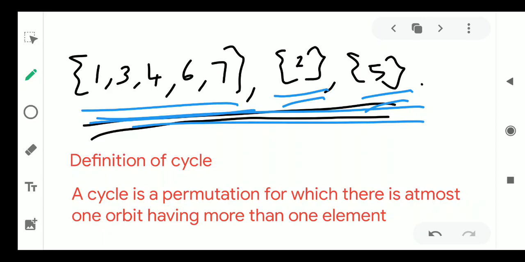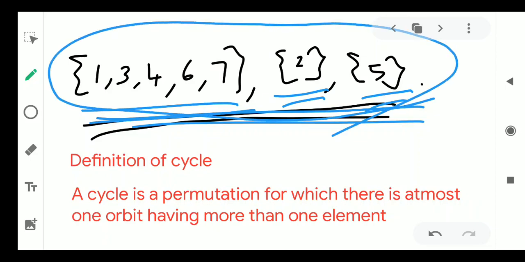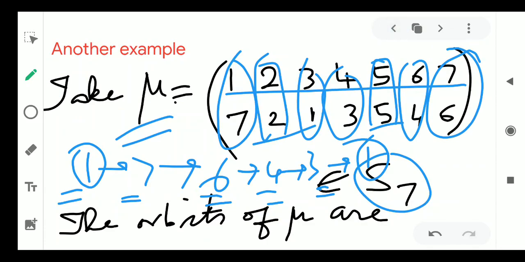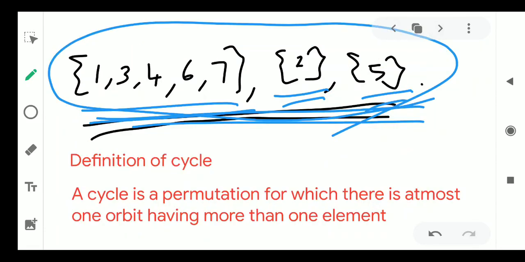So, the definition of a cycle: I told you a cycle is a special kind of permutation having some property. You remember, a cycle is a permutation for which there is at most one orbit having more than one element. Look at this example. This mu is an example of a cycle. How many elements are here? 5 elements. How many elements are here? 1 element.